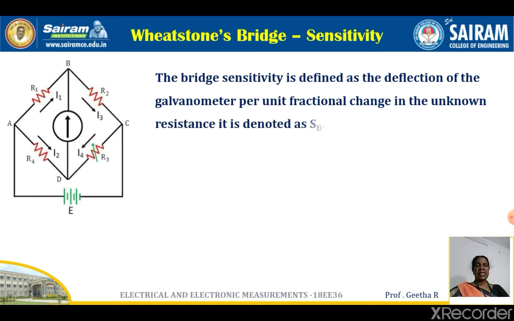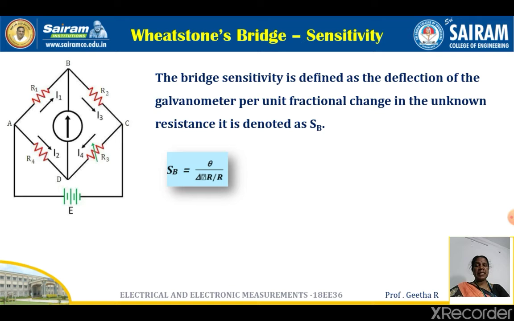The bridge sensitivity is defined as the deflection of the galvanometer per unit fractional change in the unknown resistance. It is denoted as SB. The current sensitivity is the deflection per unit current, and the voltage sensitivity is the deflection per unit voltage. Here is another term called bridge sensitivity, defined as the deflection of the galvanometer per unit fractional change in the unknown resistance.